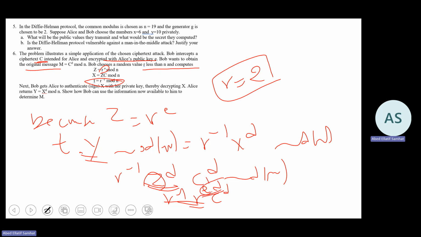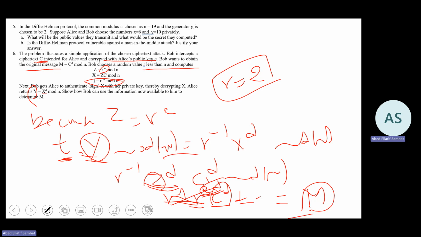So R minus 1 times R is 1, and we obtain C to the power D modulo n, which is M. So that's why, when receiving Y, Bob just calculates Y times T modulo n and obtains M.